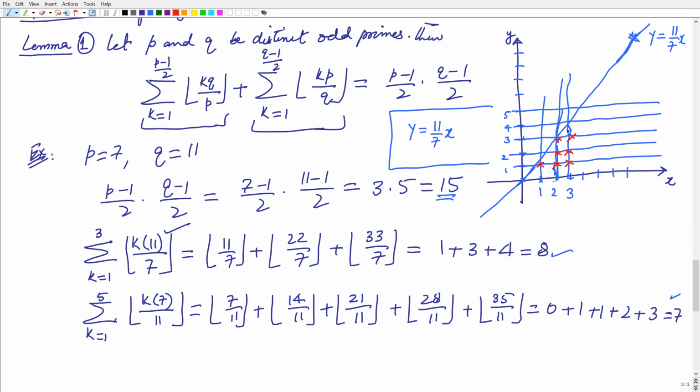There must be one more point below this line, and 8. So 1, 2, 3, 4, 5, 6, 7, 8. So there are 8 lattice points above the line and 7 below the line. So the sum is again 8. Oh, sorry, the sum is 15.